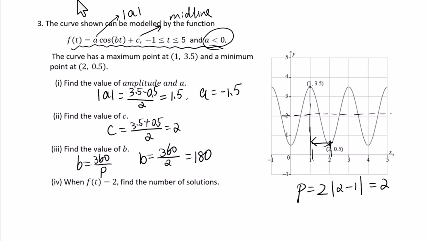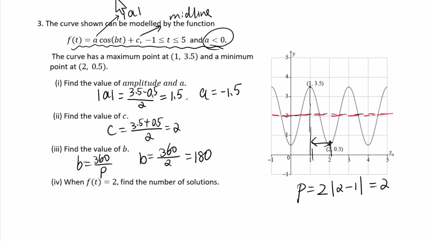Question 4. When f of t equals 2, find the number of solutions. F of t equals 2. Let's draw this line. Basically, it's the midline.